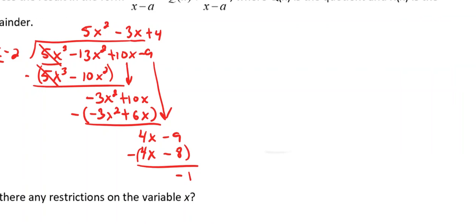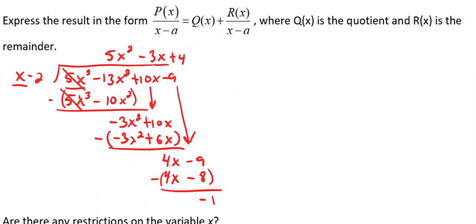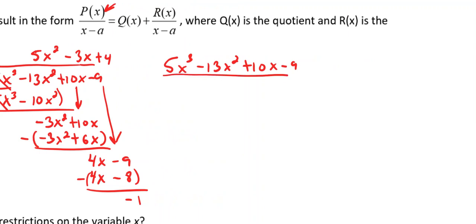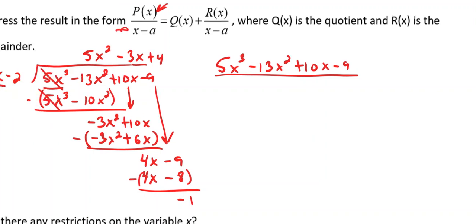All right, so now we've got all of our things. Let's just write it out in this form now. This is saying p of x, which is just our original polynomial, 5x cubed minus 13x squared plus 10x minus 9, divided by our divisor, x minus a, so that was x minus 2.